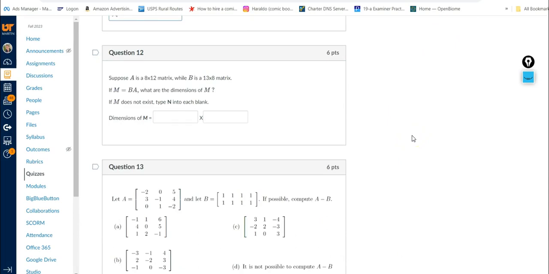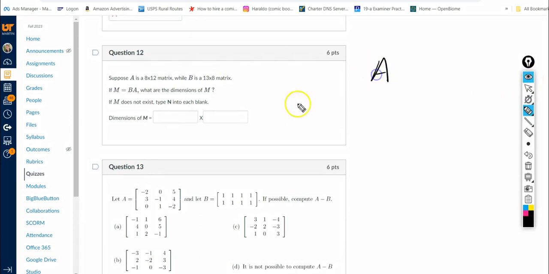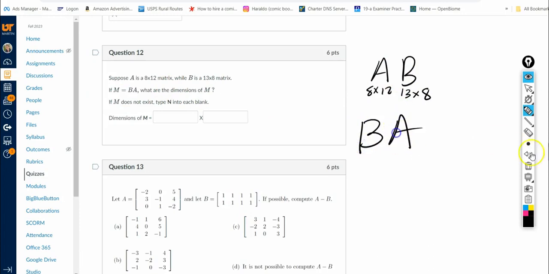Okay, now A is an 8 by 12 and B is a 13 by 8. And if M is equal to B times A, it has to be in the order that they come in.